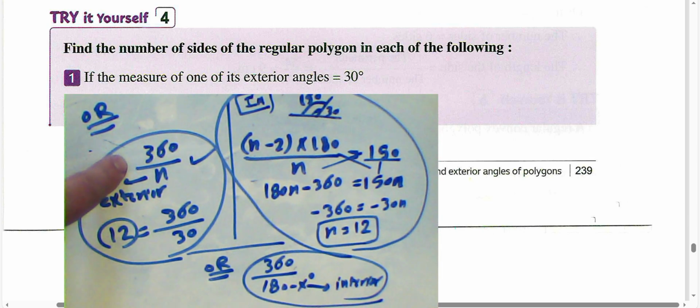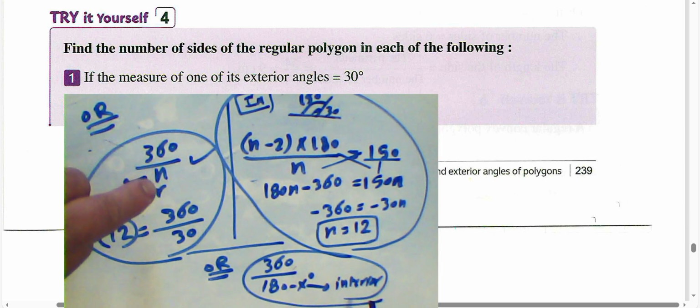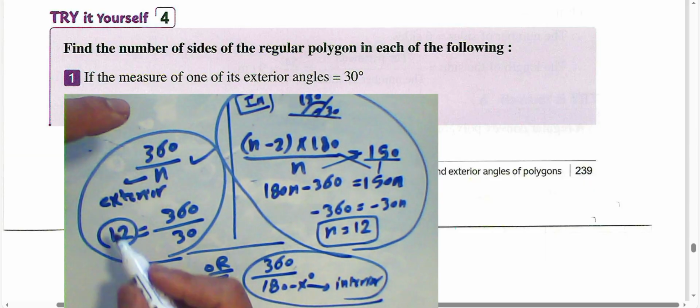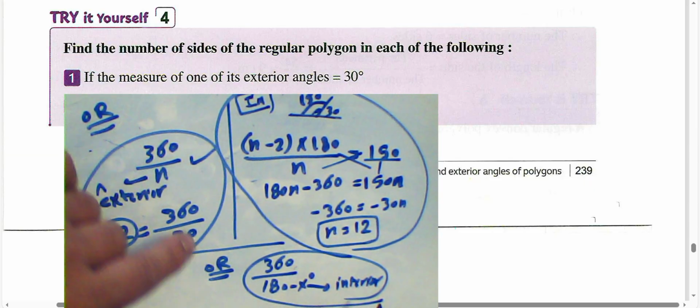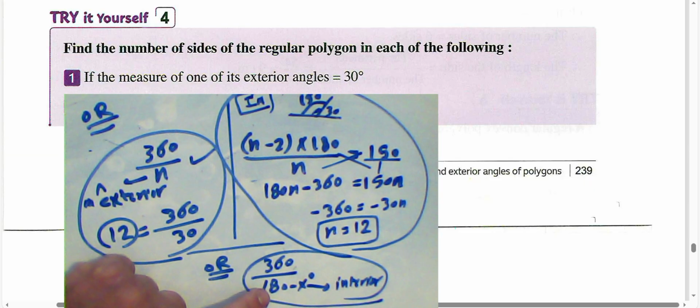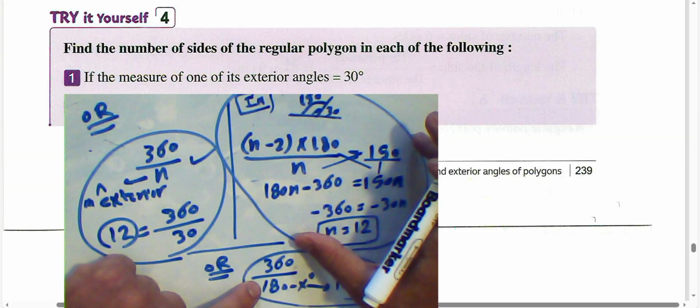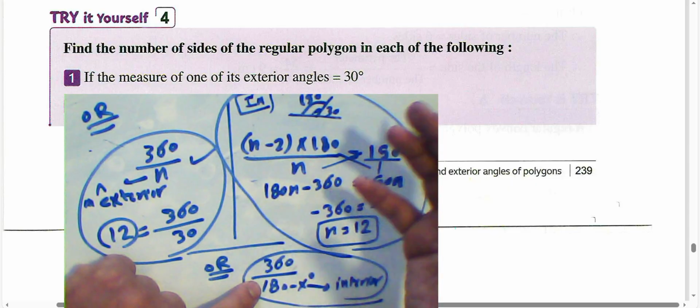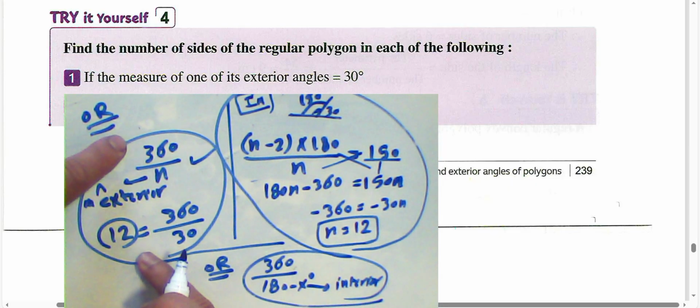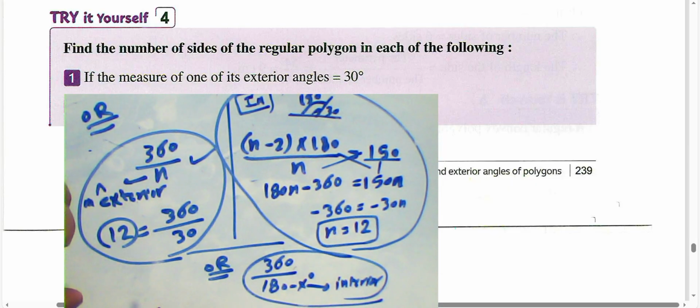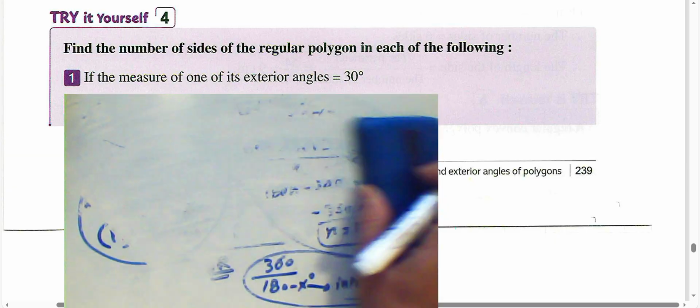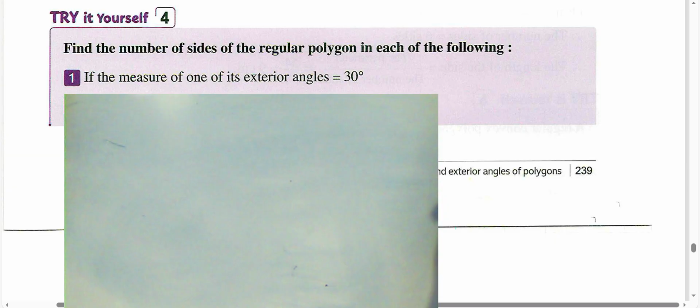It's an easy question. 360 divided by the measure of the exterior angle, or 360 divided by 180 subtract the interior angle, or you can use the rules, but it has more difficult steps. The easy method finds the result in one step. Okay, you have 3 methods. Okay, next question.